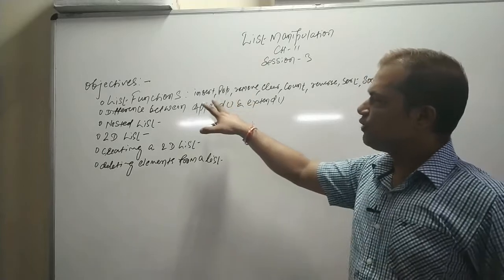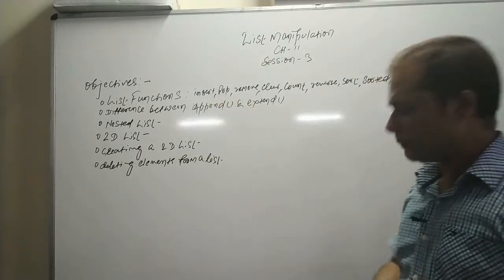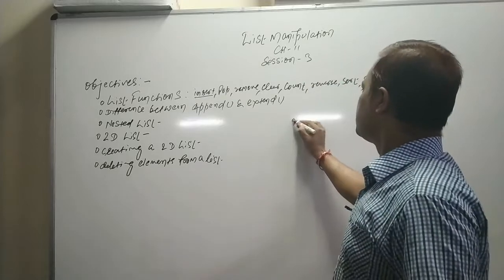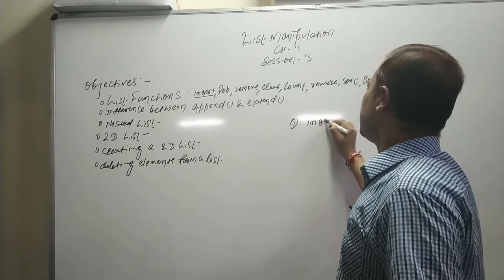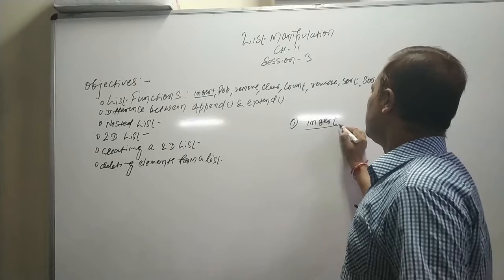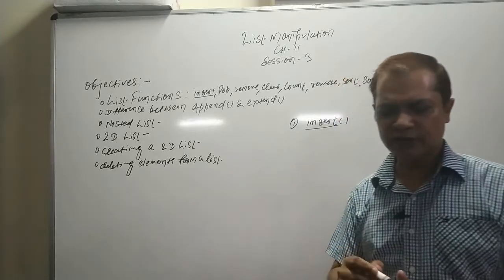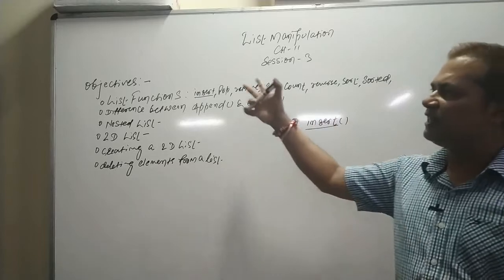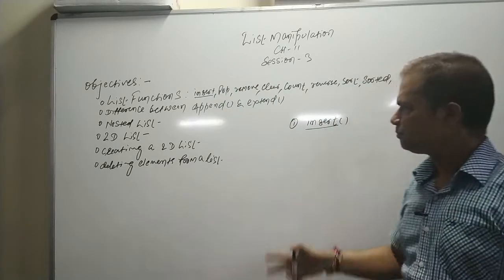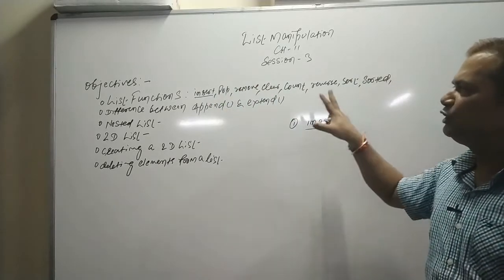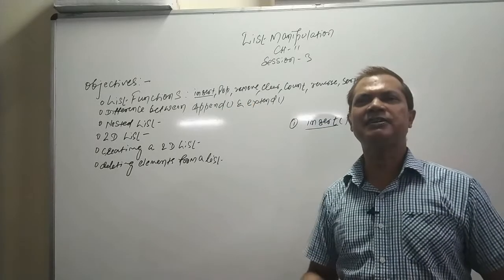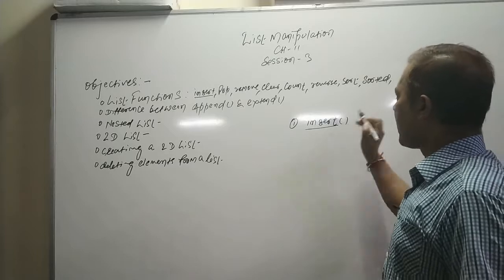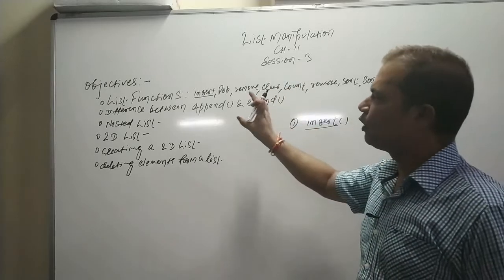Now, out of the functions we'll discuss, the first is insert, I-N-S-E-R-T. Insert is a method which helps us insert an element anywhere in a list. This method expects the index position where you want to insert.